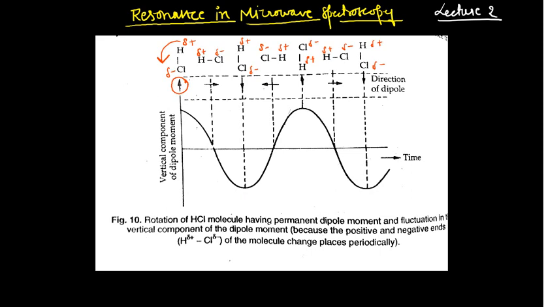Then the hydrogen will come to this place and go to that place, and then you will have the second orientation. So the dipole moment is now pointing in the other direction. In the first case it is going upward, and in the second case it is going from left to right.